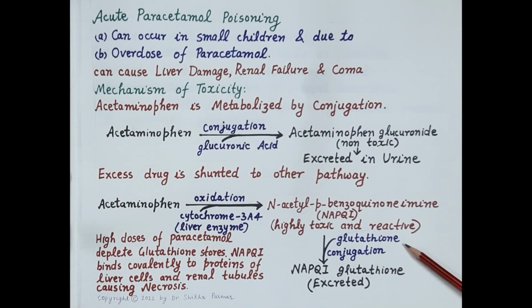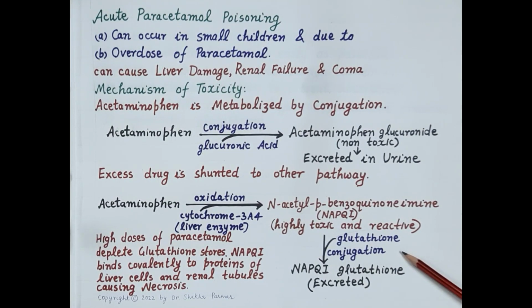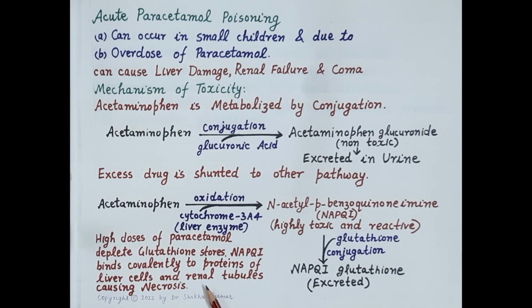But high doses of acetaminophen deplete glutathione stores. So NAPQI is neither conjugated to glutathione nor excreted from the body. And since NAPQI is highly toxic and highly reactive, it forms covalent bonds with the proteins of liver cells and renal tubules. This causes necrosis of liver cells and renal tubules, which in turn causes hepatotoxicity and nephrotoxicity.